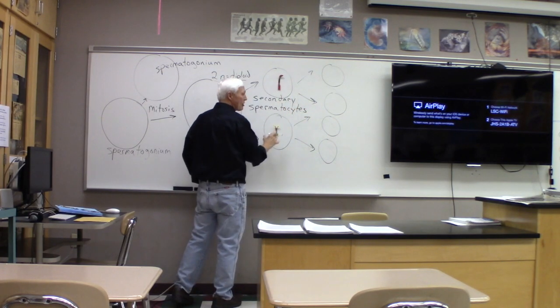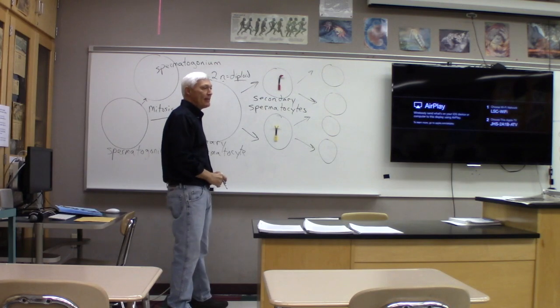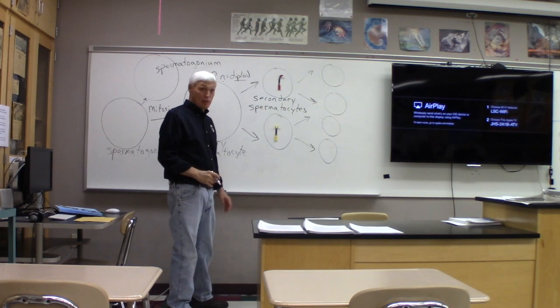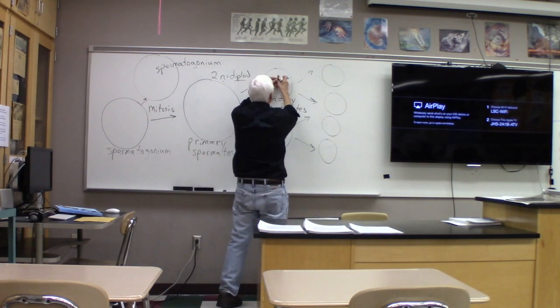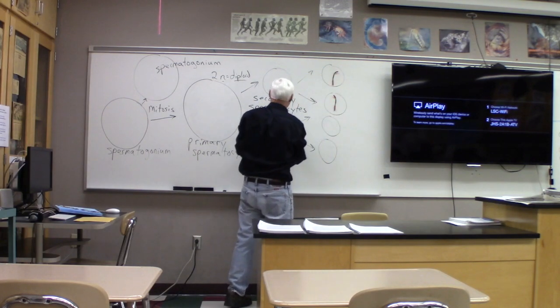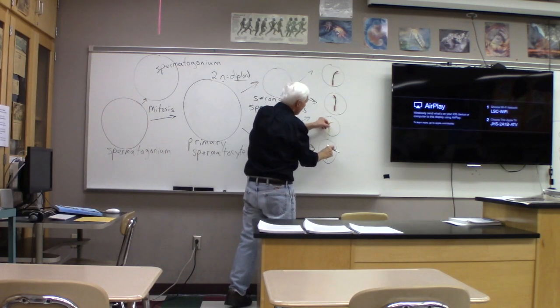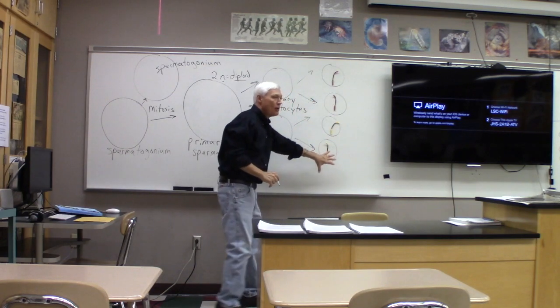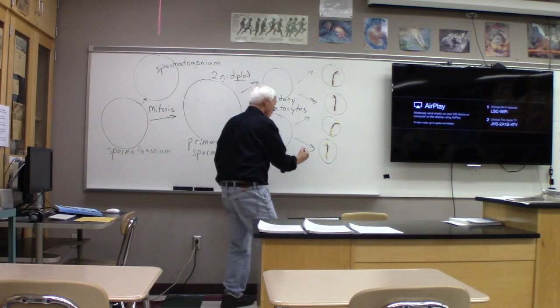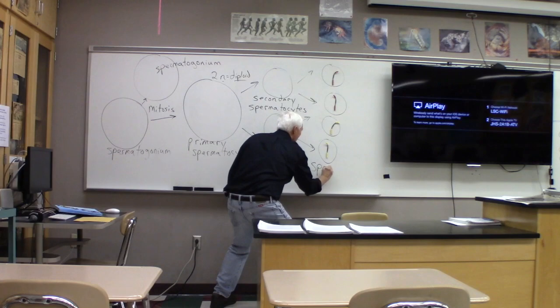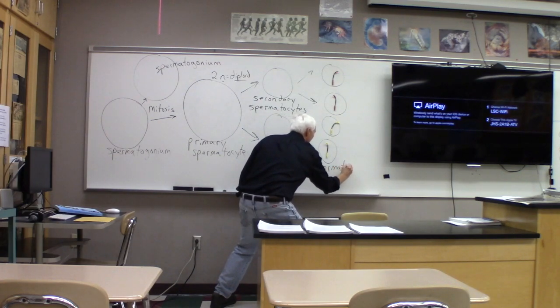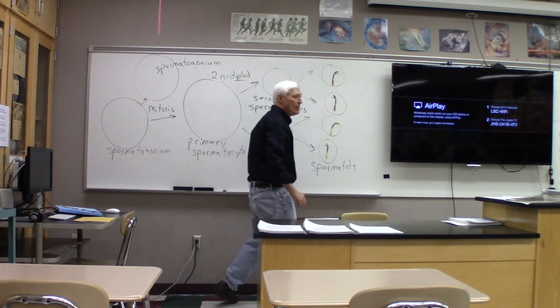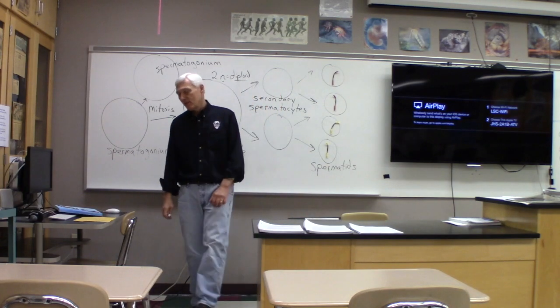That's what these 2 cells are called. And then they're going to turn right around and do meiosis 2, like this. Chromatids pull apart. These 4 cells are called spermatids. Spermatids. That's what they're called.